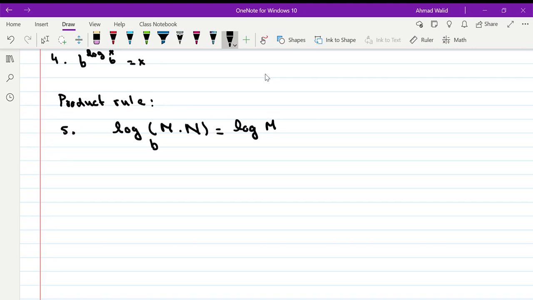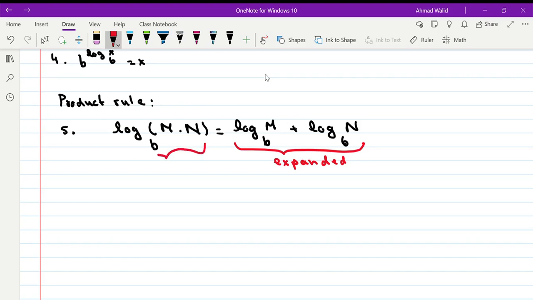I can rewrite this expression as log of m base b plus log of n base b. We call the right side of this expression the expanded form, and the left side the condensed form. Correct?